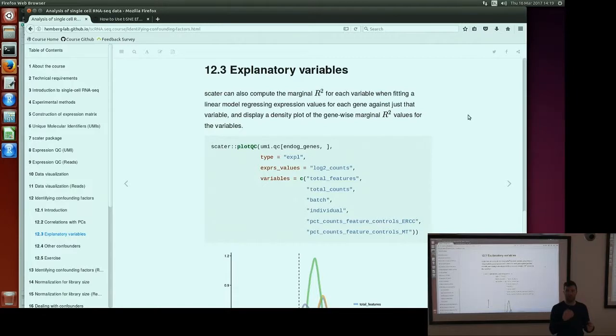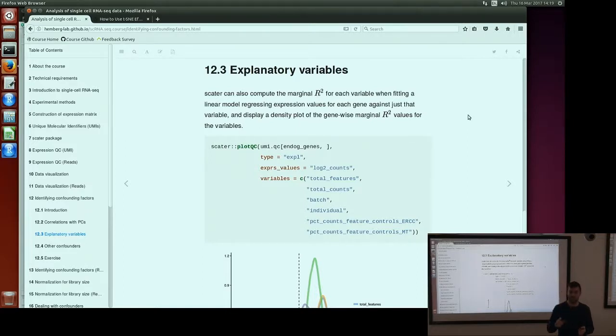So we can do that for total features, for example. And so for each gene, fit a model where we regress the expression values for the gene on this total features variable, and then use R-squared to define how much variance is explained. And when we do that for each gene, then we have 10,000, 8,000, however many genes, we have that many R-squared values for that particular variable of interest.